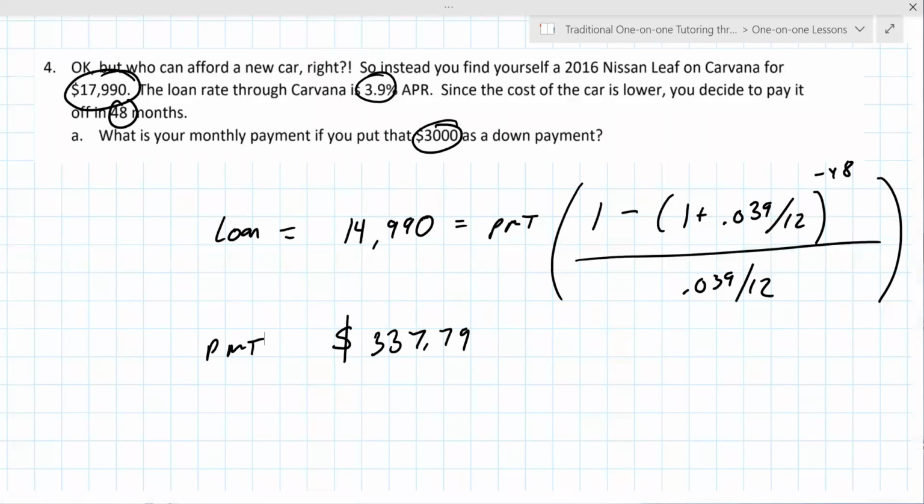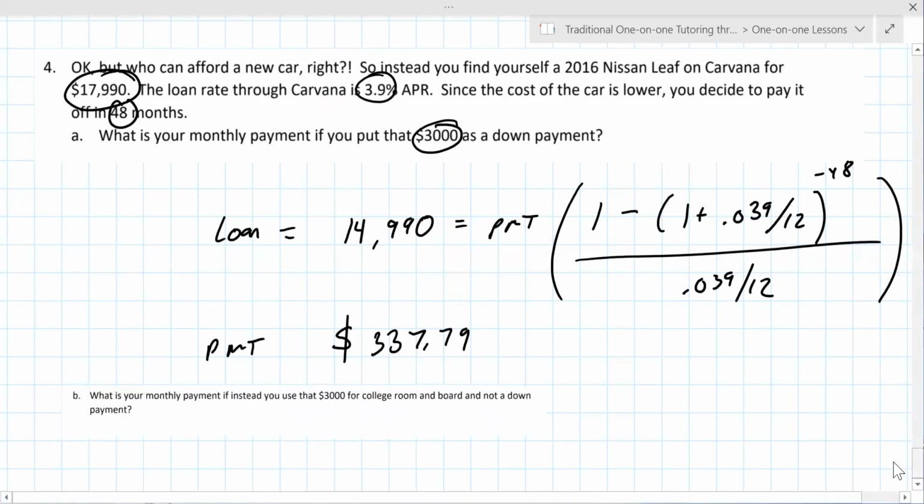Hopefully the next question asks, oh, never mind. What's more interesting is if you multiply 337.79 times the 48, you pay so much more than that. You would never buy a car for that amount, because you end up paying like $8,000 more or something in this case. Yeah.